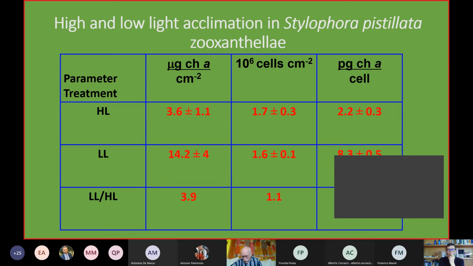Now you can easily see that in each cell there are about 4 times more pigment in the low light zooxanthellae than in the high light. So the difference per area in this case is totally explained by the different acclimation of the algae.